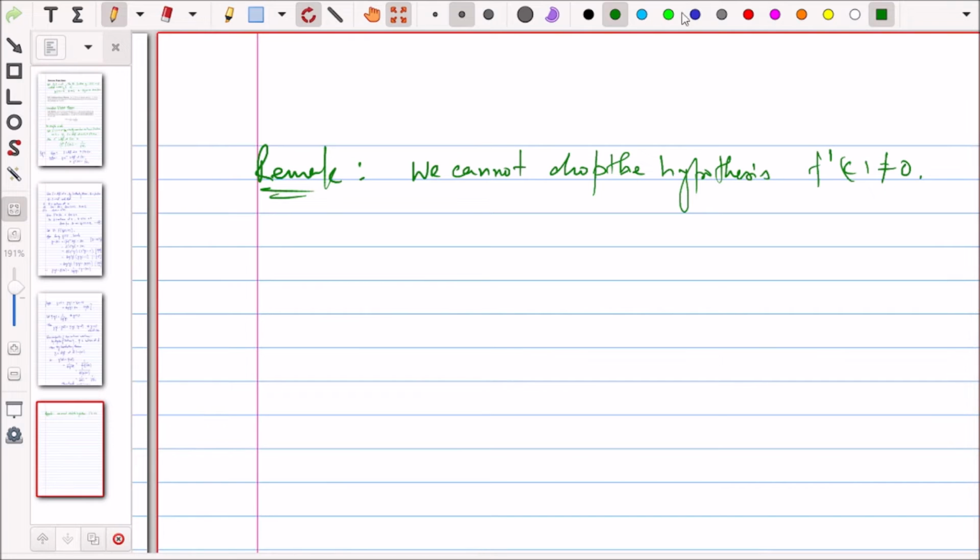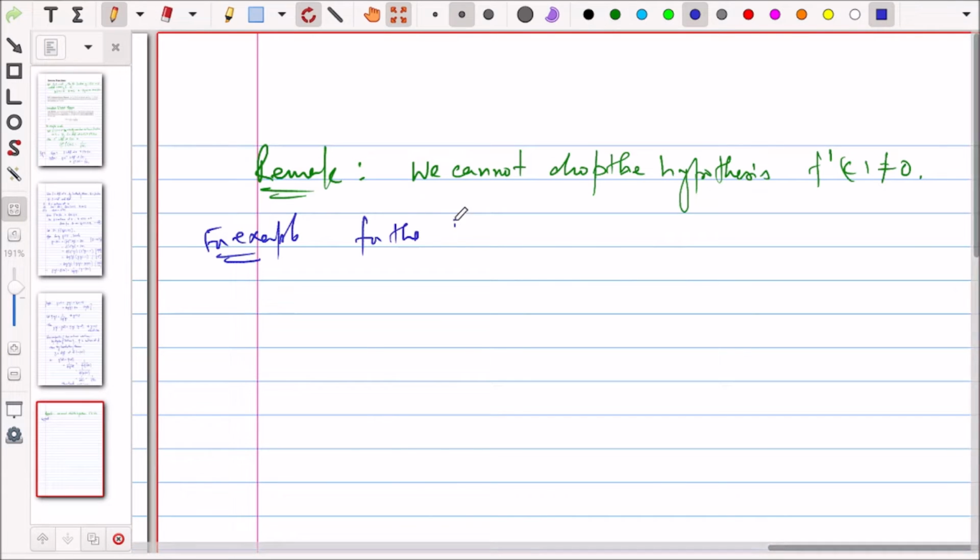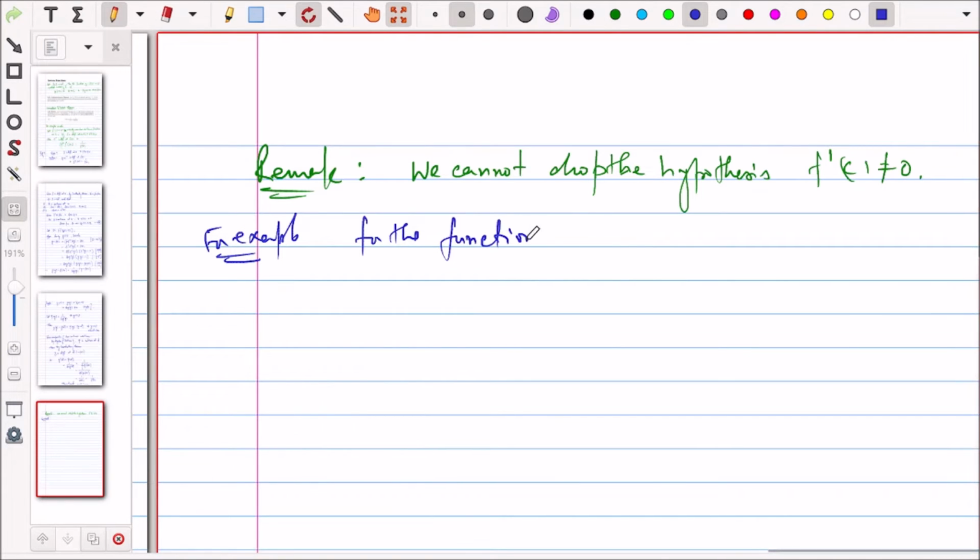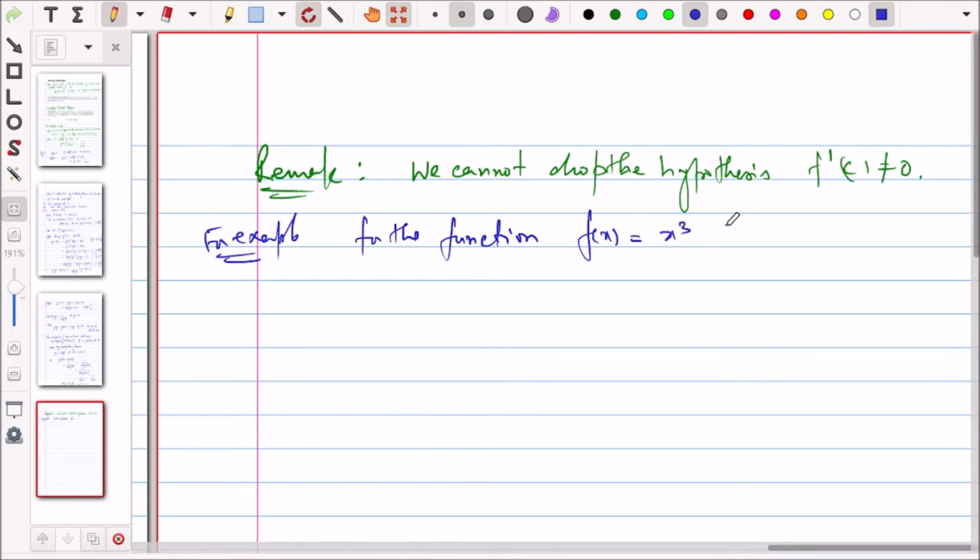For example, for the function fx equal to x cube for all x belonging to R.